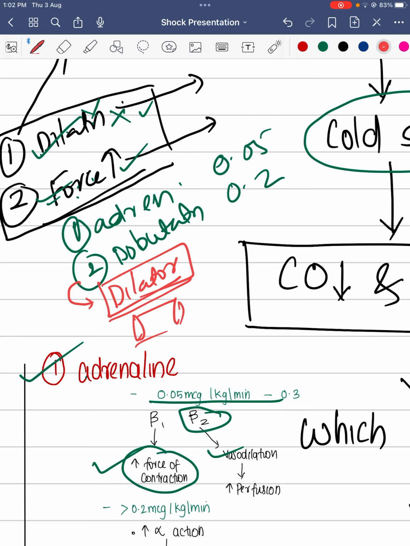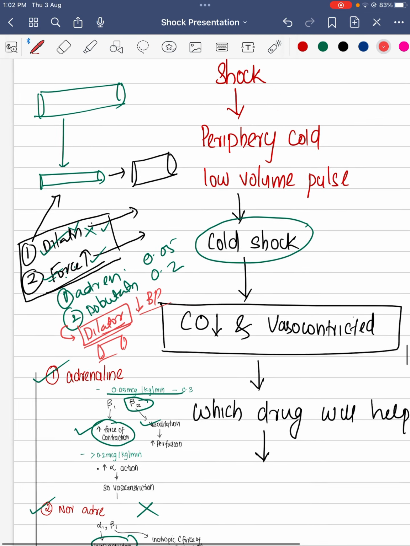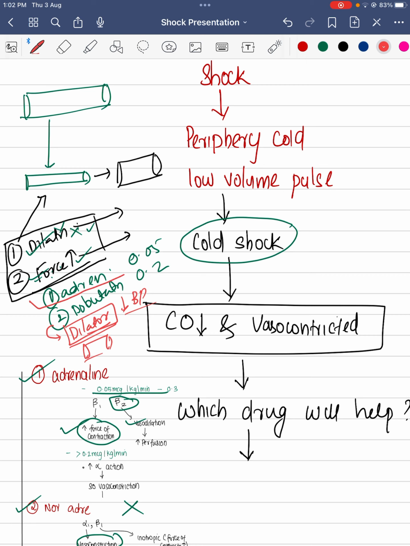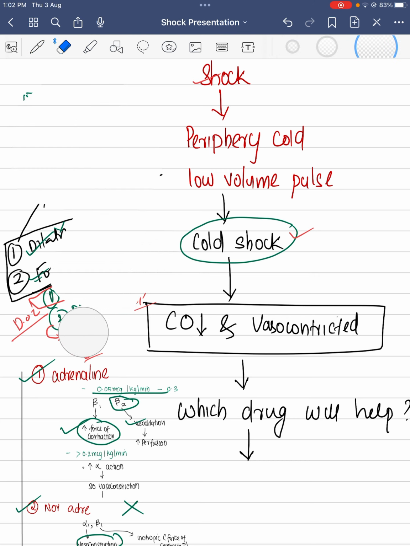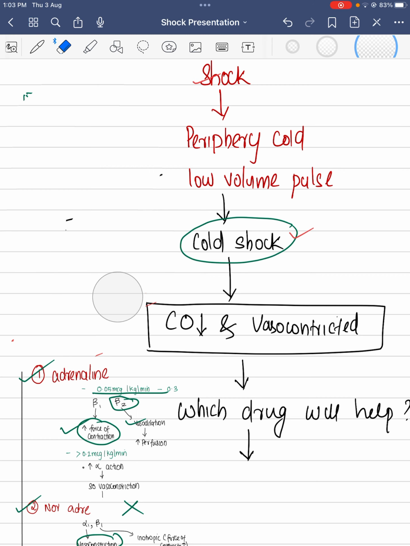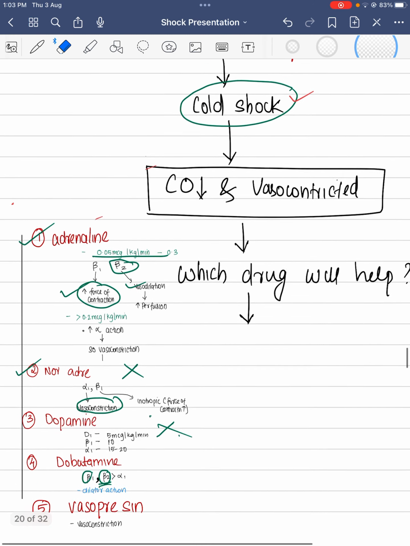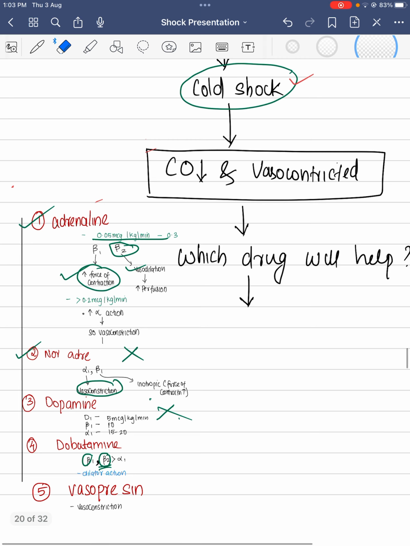So what will it cause? It will cause dropping of BP. That's why adrenaline is the drug of choice in any case of shock with low volume and cold periphery, which means cold shock, and that is the most common scenario that we face in our PICU. The patient usually comes with cold shock. So what is the drug of choice? Adrenaline is the drug of choice.